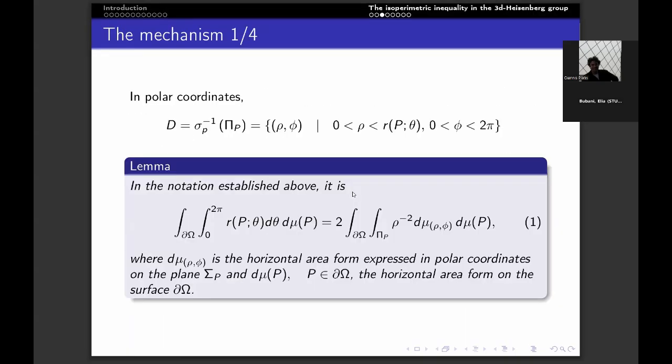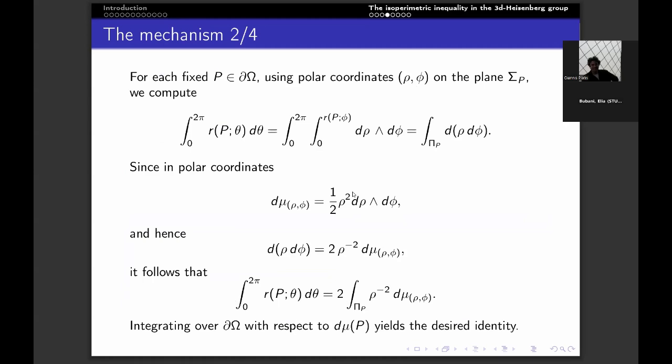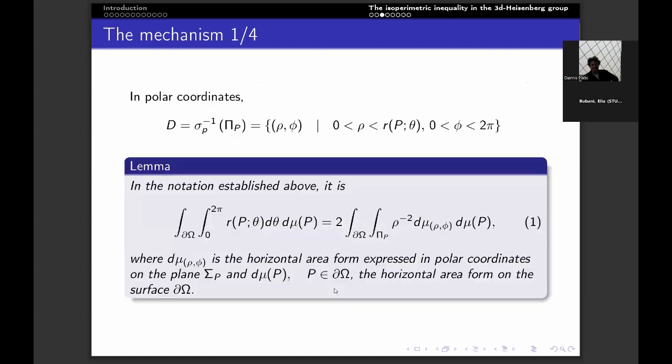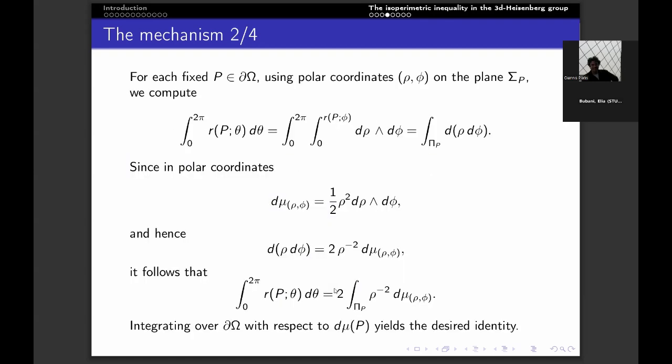And we return back to the lemma. We choose a point P in the boundary, and we can use polar coordinates. Then we can see that here, because of the formula of the perimeter measure in polar coordinates, we can integrate with respect to omega this equality, and we have the identity one here for the lemma.